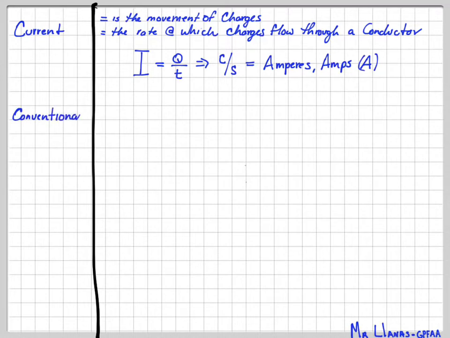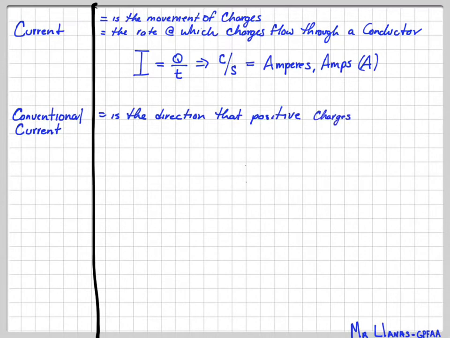All right, so conventional current. This is the type of current we're going to be looking at when we're doing problems in electricity. Conventional current states that current is the direction that positive charges would flow. So in our circuits and problems, charge goes from the positive side to the negative side.